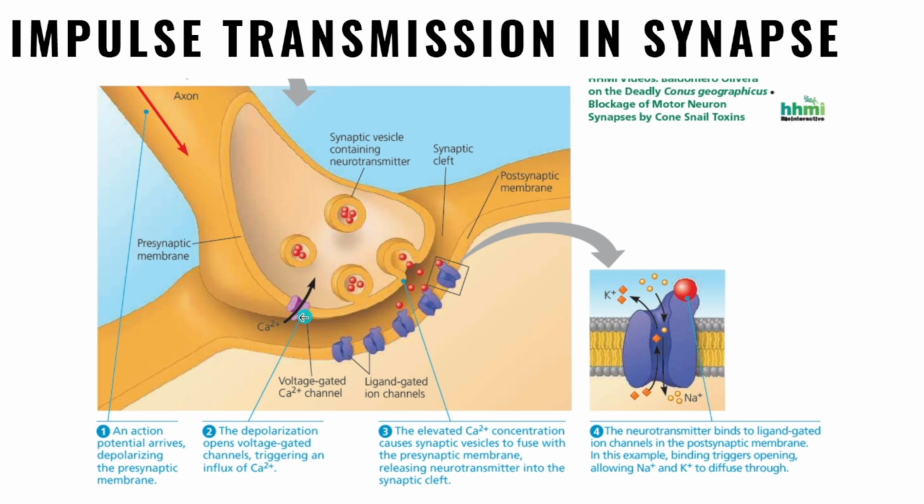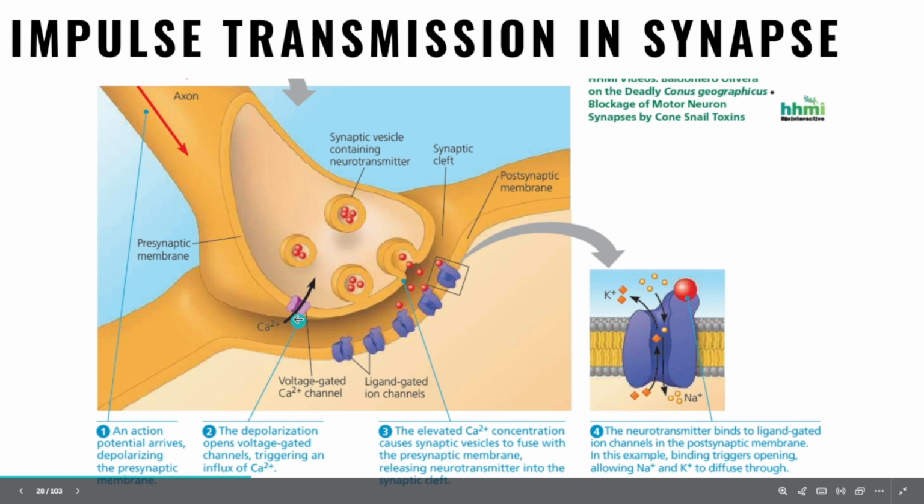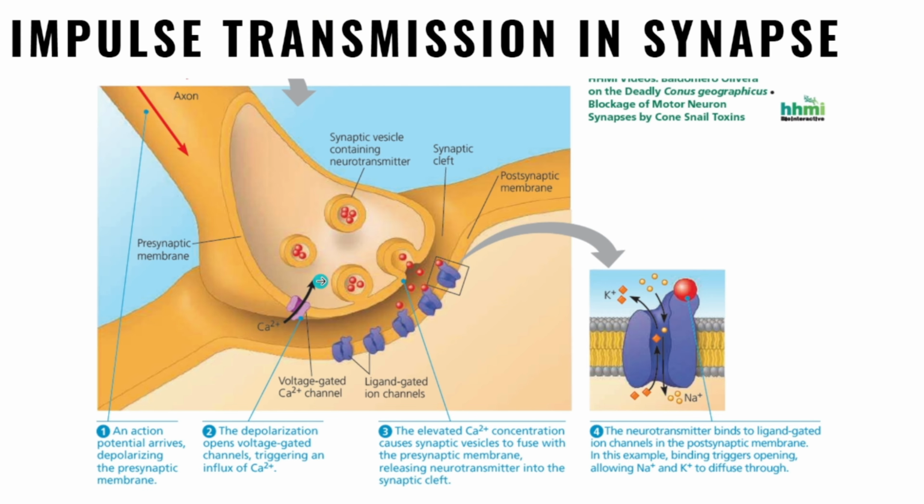The voltage-gated calcium ion channels open. When they open, calcium ions start to influx into the presynaptic neuron, inside the cytoplasm.